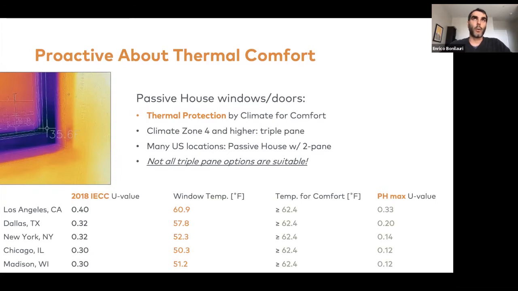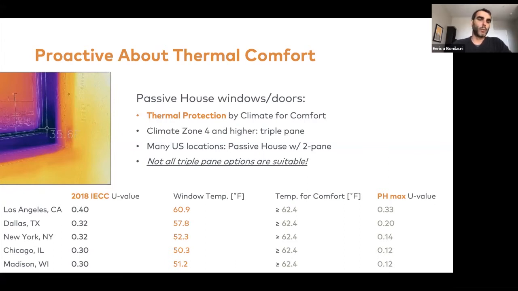Whereas the requirement for passive house for windows and doors is that you need to have thermal comfort. And thermal comfort means you have to have, in this case, 62.4 degrees as an average temperature on the inside of your window and door in order to have thermal comfort. And that design temperature drives the maximum allowed U value for windows and doors for passive house, shown on the right-hand side of the slide.